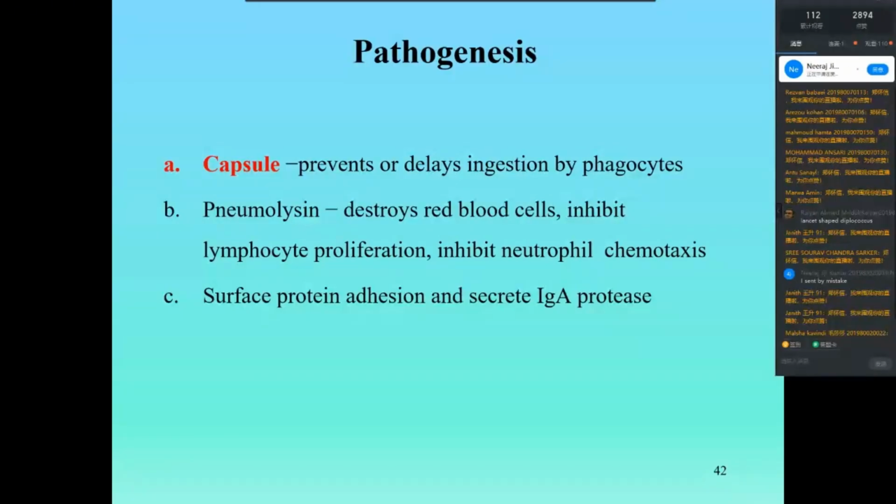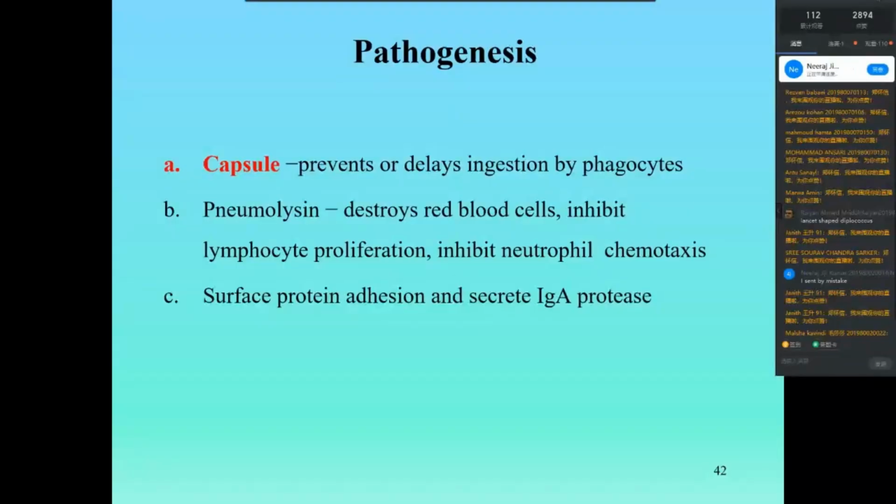And for culture, they can isolate the pathogen by culturing it on a plate. And again, people use blood agar to culture the pathogen. And on the blood agar, they can form an alpha hemolytic zone, so they will cause the production of green pigment. So that's the alpha hemolytic zone.